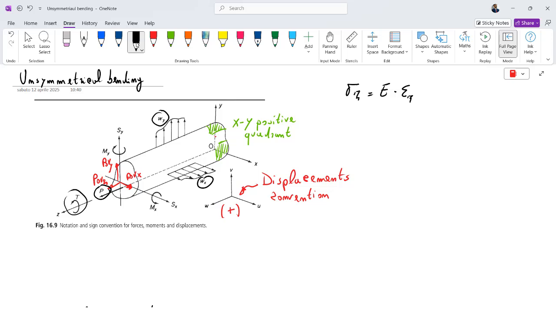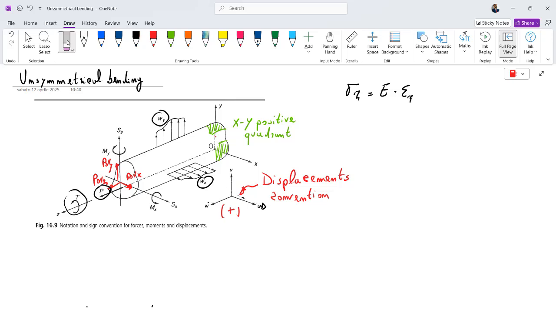So a point of the beam has a positive displacement if it follows this direction along the lowercase w. Similarly, a point of a beam has a positive displacement along the y axis if it follows this direction of lowercase v. Clearly, along the lowercase u, along this direction, we have a positive displacement for all the points located on the x-axis.